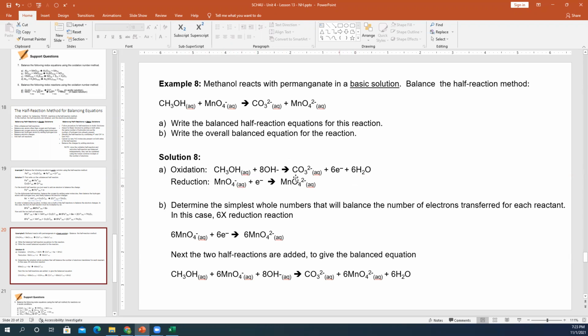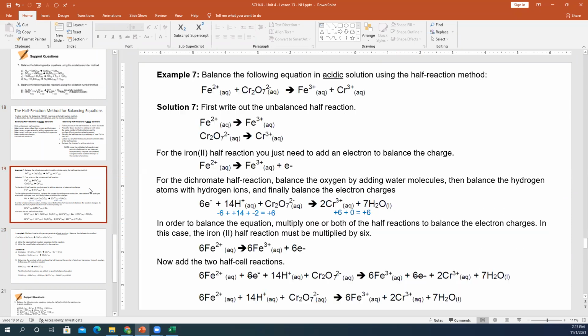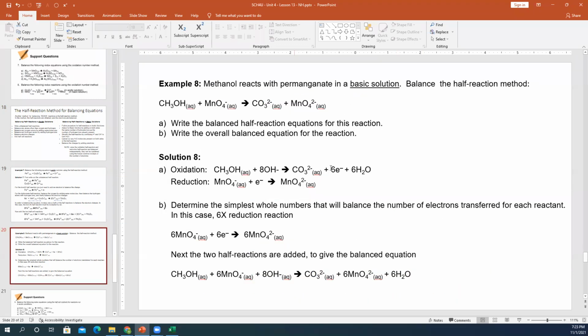We balance it out separately, okay? And then it says to write the overall balanced equation for the reaction. So here are the balanced half reactions using those steps that we discussed. So go ahead and go through these steps and see, are you able on your own to come to this point? Okay, so go ahead and practice starting from here and see, can you arrive at this point? And then from here, can you do B? Can you determine what is the overall balanced equation for this reaction?